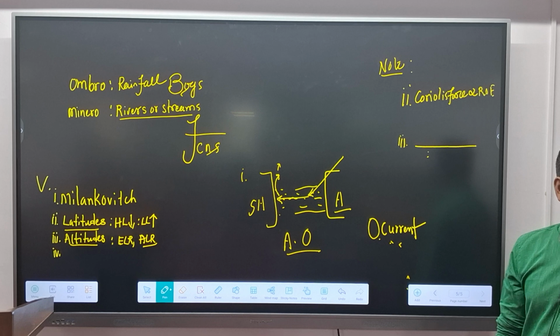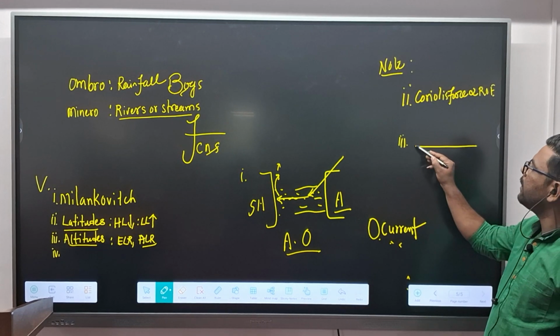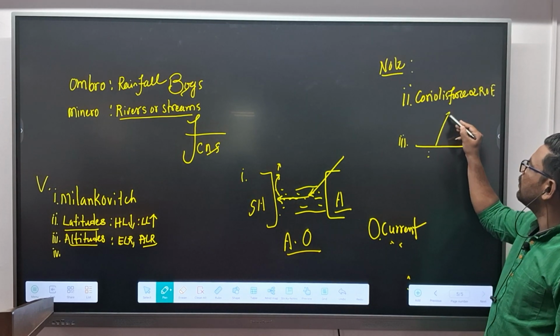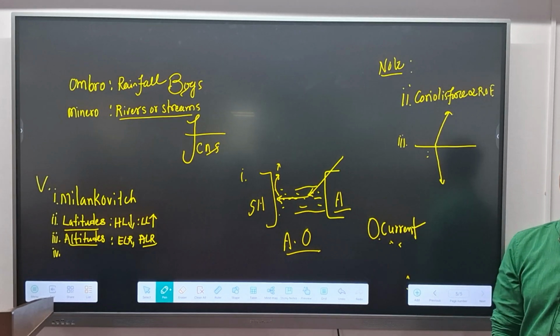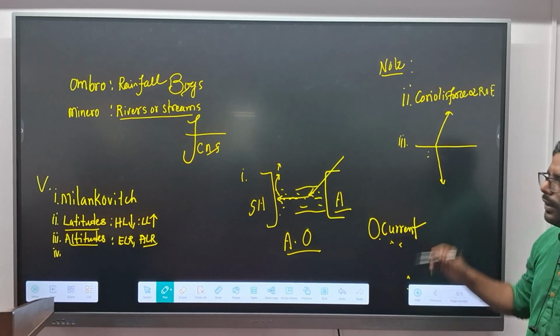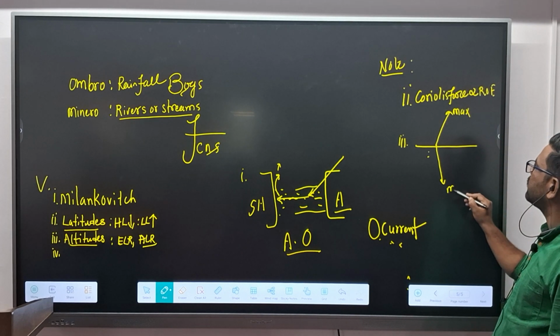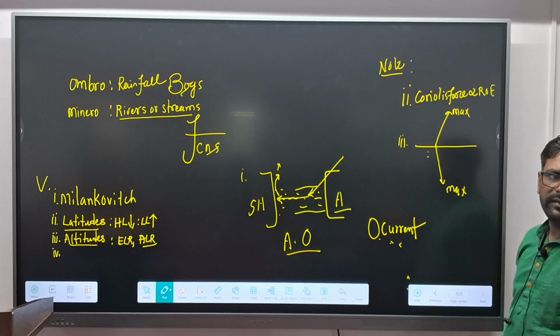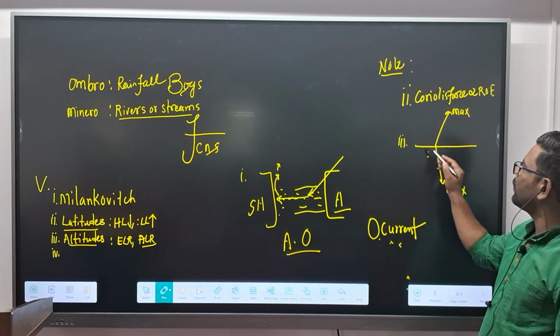So therefore, the Coriolis force is relatively zero at the equator, and it increases as you move poleward. Getting my point? And you can write here max. Max means maximum, not Sudip max, it is maximum.